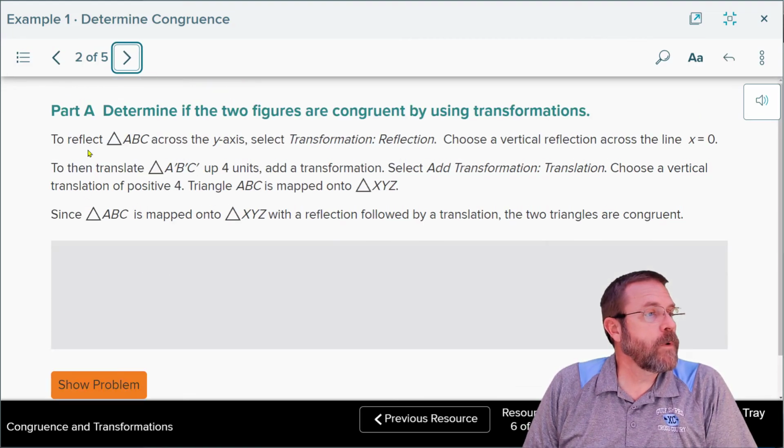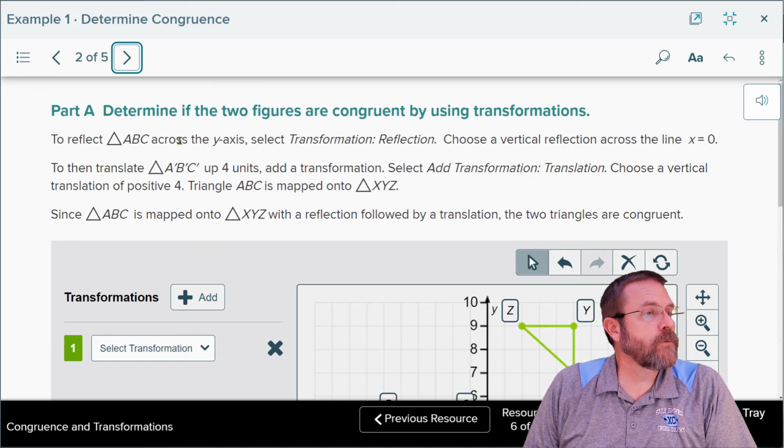Moving forward, we're going to start by reflecting triangle ABC across the y-axis. Select transformation reflect, and choose a vertical reflection across x equals 0.